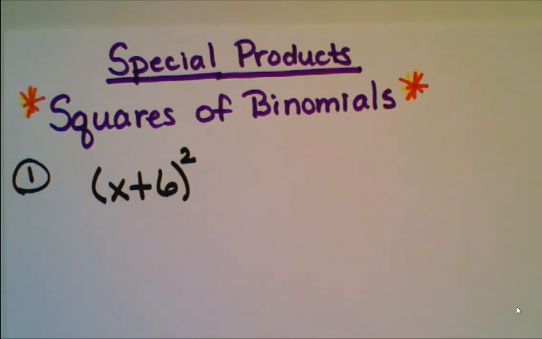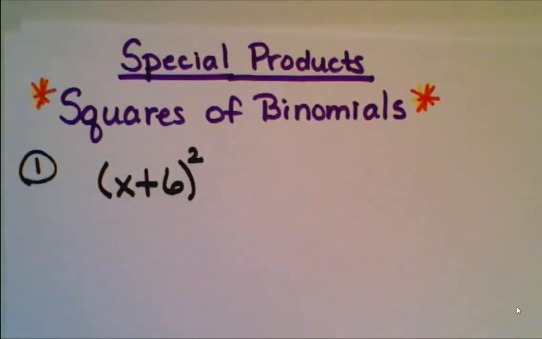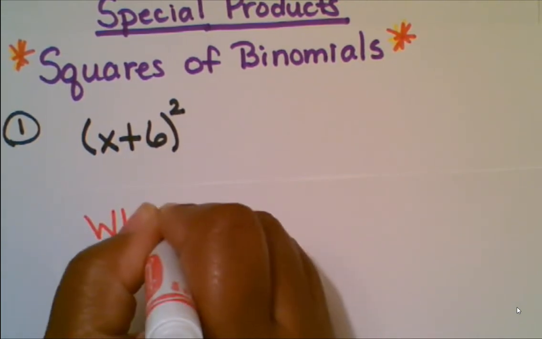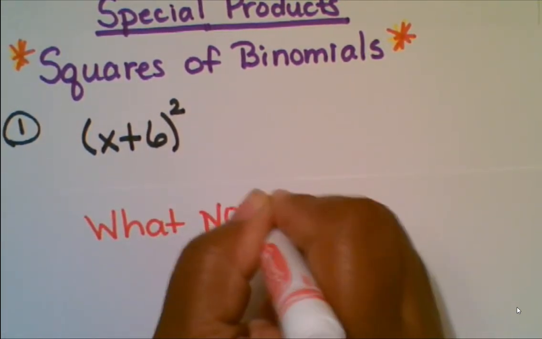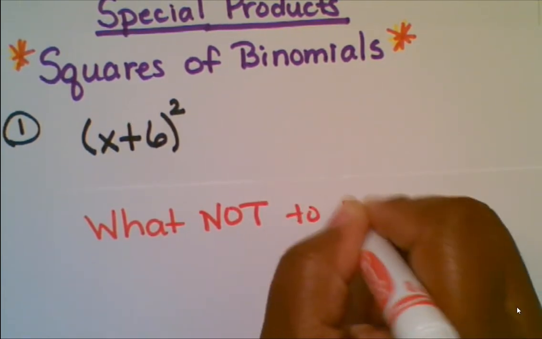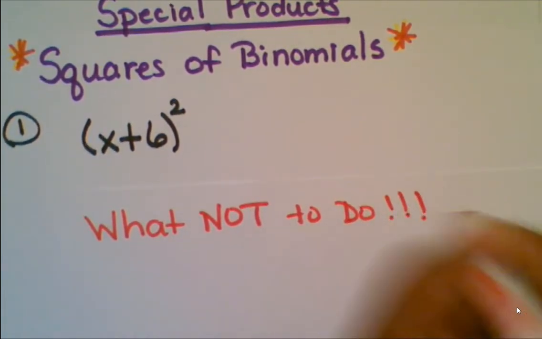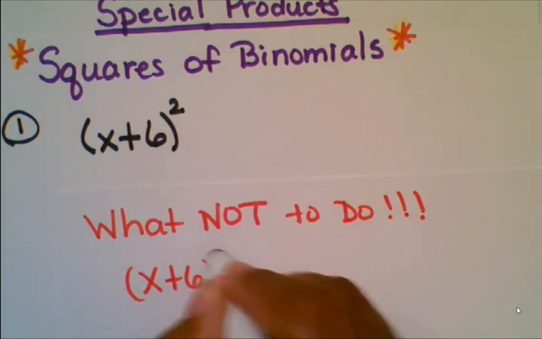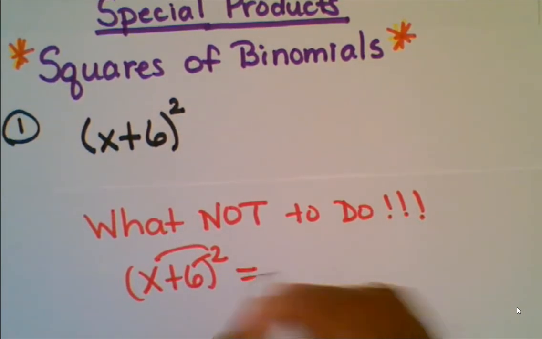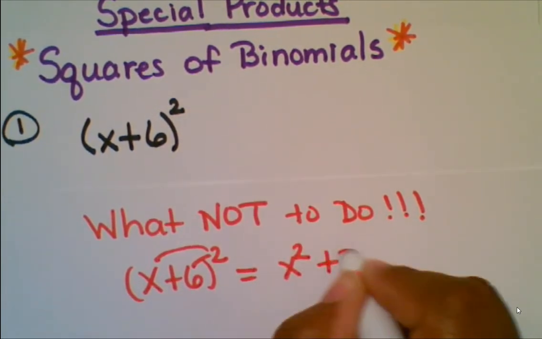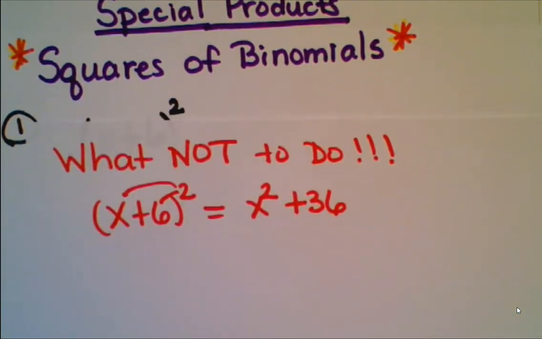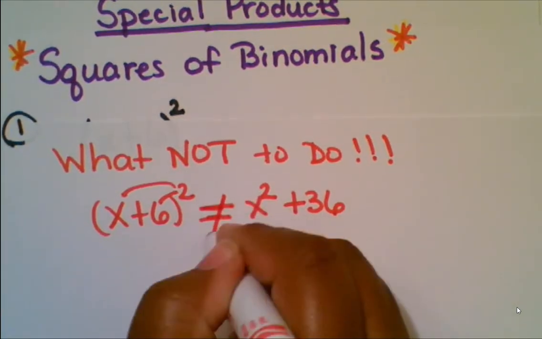What not to do when you're squaring a binomial is take the exponent of 2 and distribute that to those terms and produce an answer such as this, x squared plus 36. That is incorrect. This is not true.